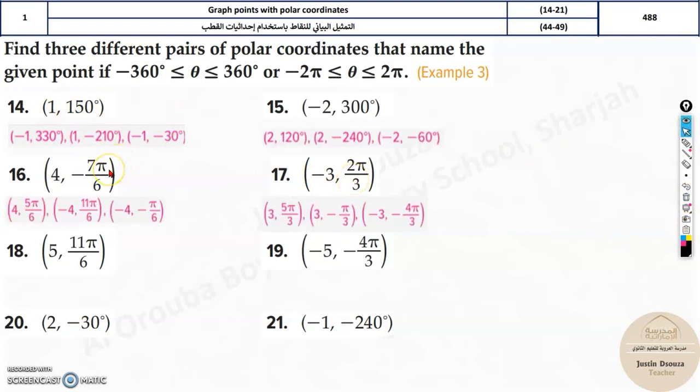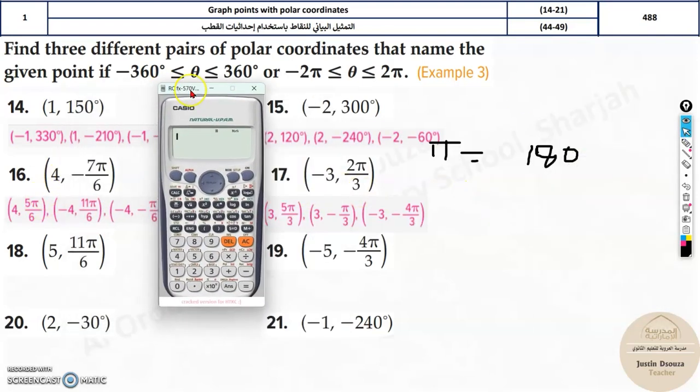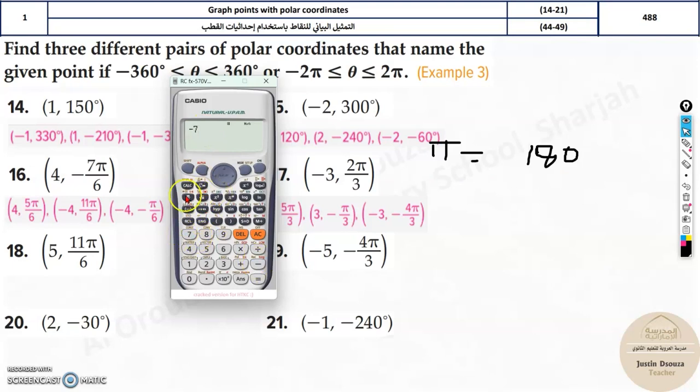Don't be scared if there is pi. You can convert this to radians. All you need to do is substitute pi equals 180 and then solve. Now imagine you want to get it in terms of degrees. 7 pi by 6. All you need to do is negative 7 pi will be 180 divided by 6.